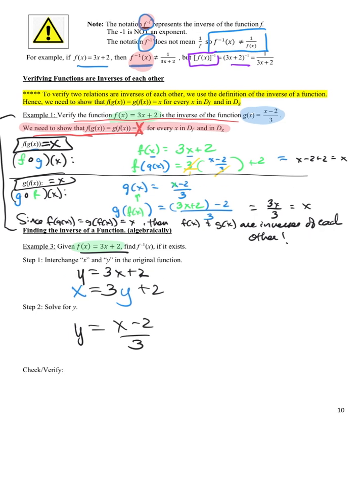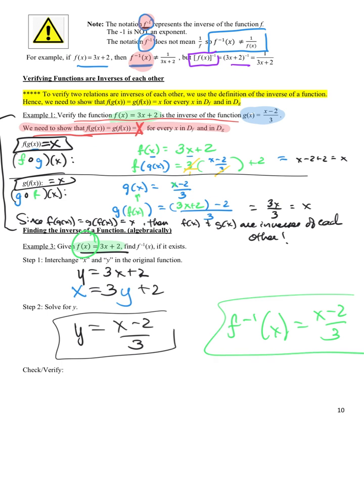Now, we are going to represent the inverse, right? So our original function was f of x. So we would write f inverse of x equals x minus 2 over 3, right? So we were given f of x, and we're finding the inverse of f of x, so that's how you would write it. Now, how could we verify it?